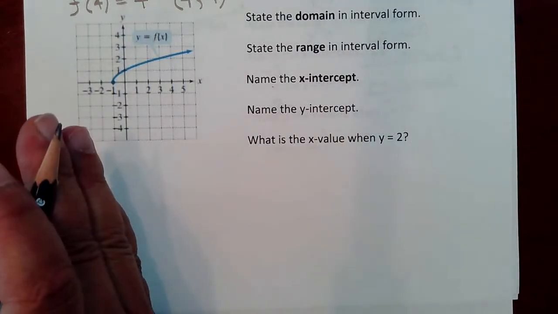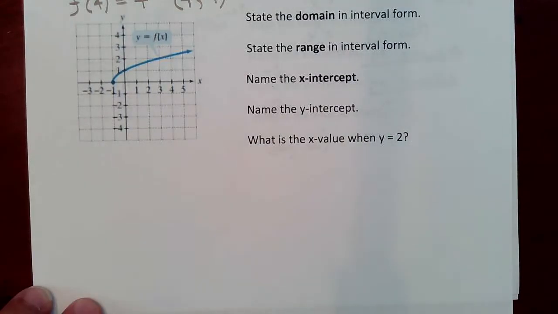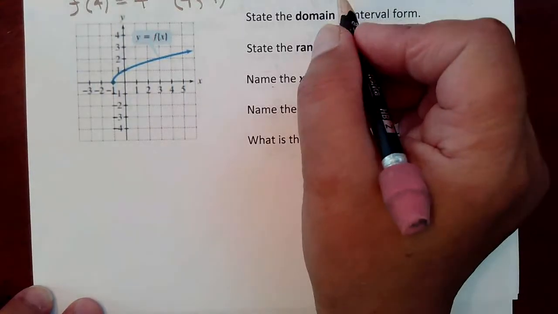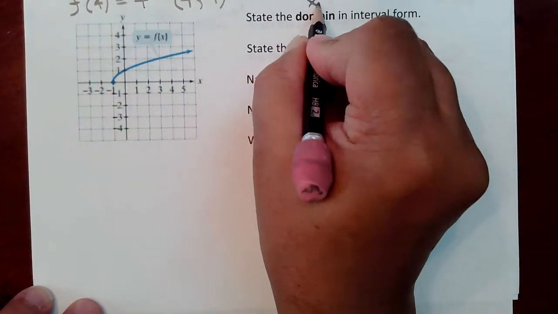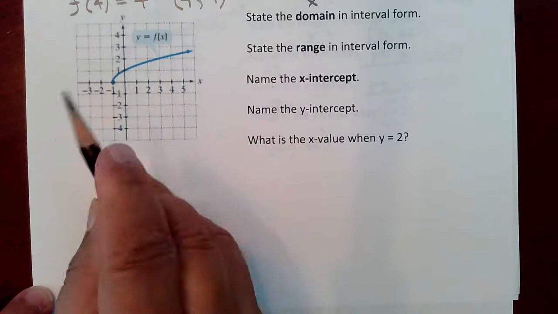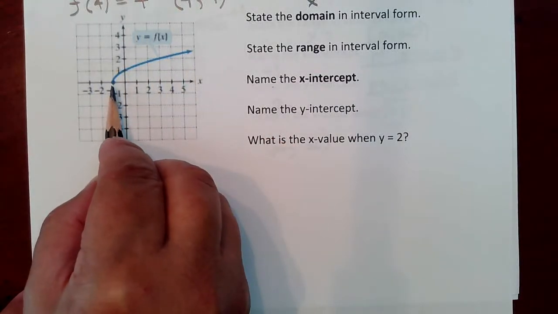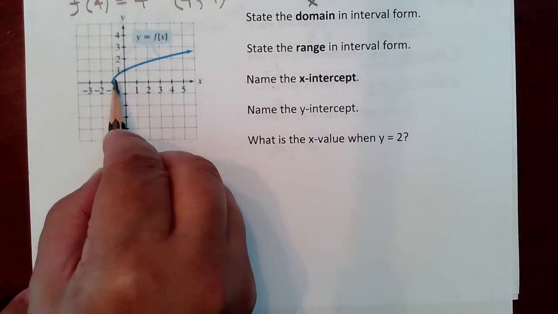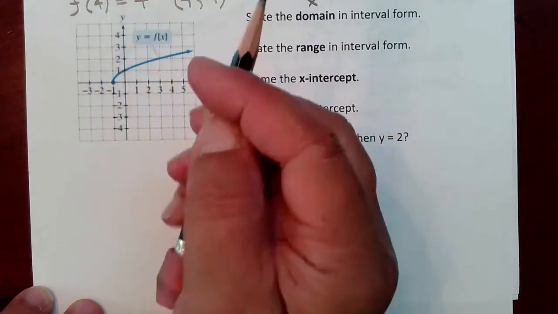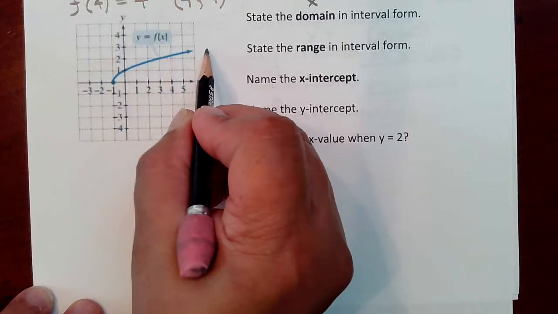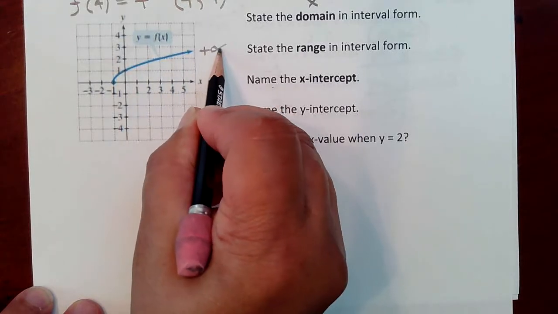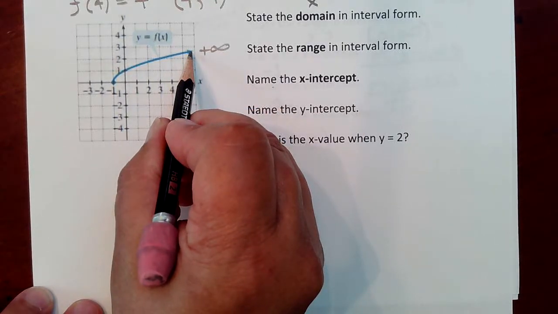From what minimum X value to what maximum X value does the graph travel? We're talking about the X's. So if you think about the X's that this graph travels through, it starts on an X value of -1, and then it continues indefinitely across the X axis all the way over to positive infinity. This arrow means it doesn't stop.